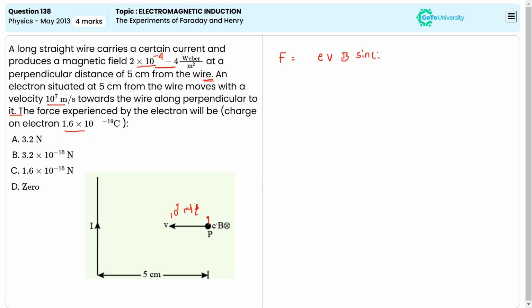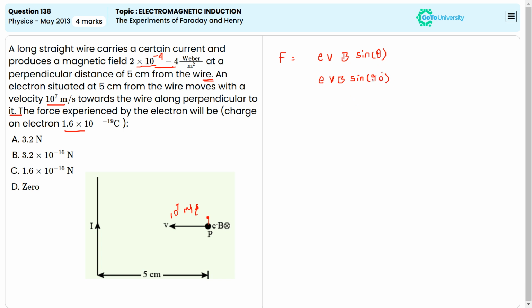Since the charged electron particle moves perpendicular to the wire, it is e V B sine of 90 degrees.